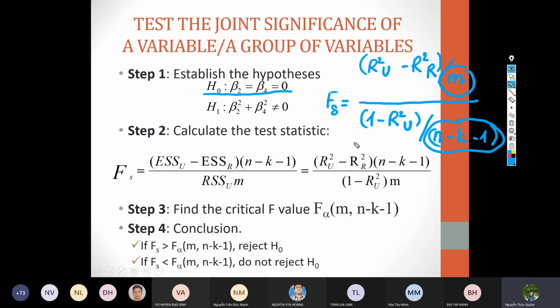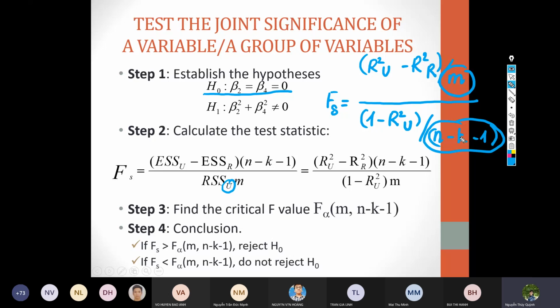So in this case, M is equal to 2. N is the sample size and K is the number of independent variables in the unrestricted model. Remember that.